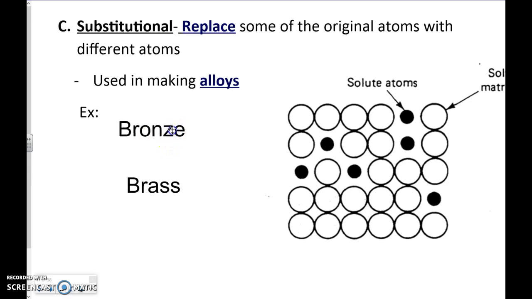Bronze is your other alloy there, so those atoms are being replaced by other atoms. So those are your three point defects: vacancy, something missing; interstitial, something going between; and substitutional, something being replaced.